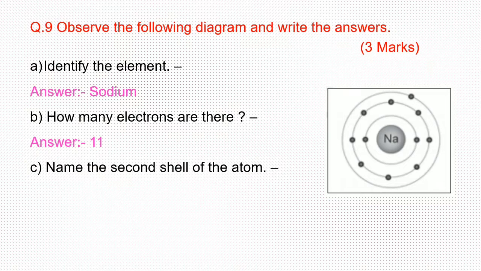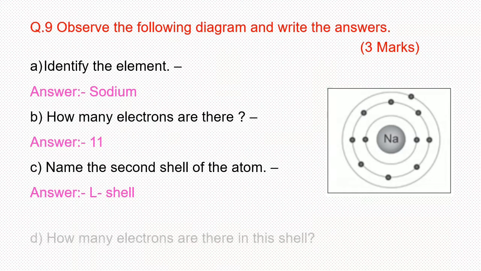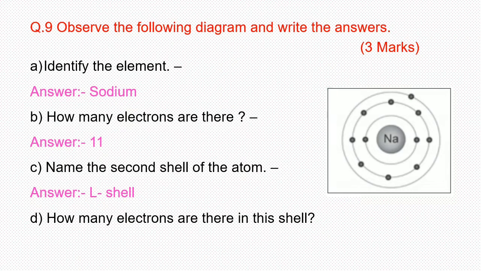Third question is, name the second shell of the atom. And yes, the second shell is the L shell. Fourth, how many electrons are there in this shell? That means how many electrons are there in the L shell? And there are 8 electrons present in the L shell.